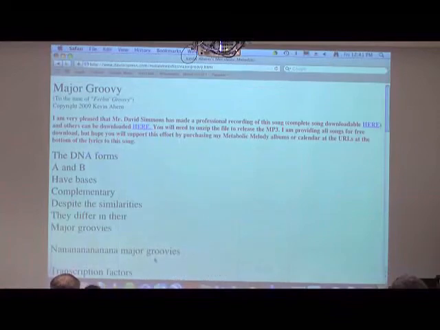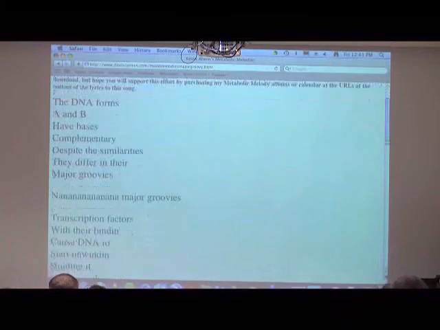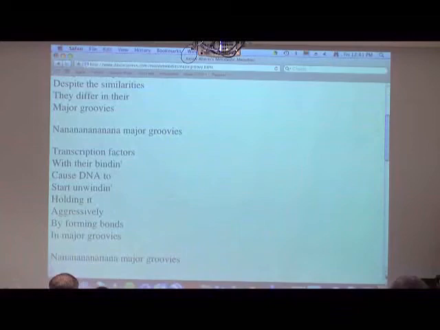Okay. The DNA forms A and B, please join, have bases complementary. Despite the similarities, they differ in their major groovies. Major groovies. Transcription factors with their binding cause DNA to start unwinding, holding it aggressively by forming bonds in major groovies.